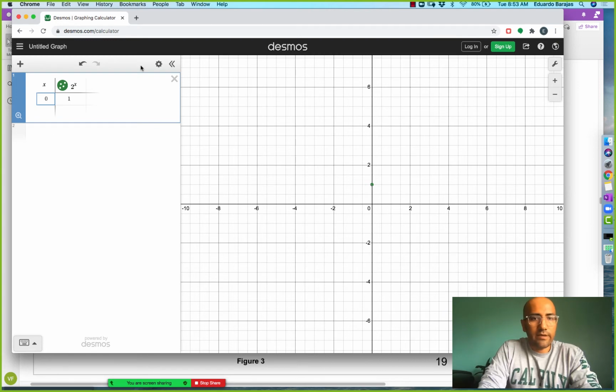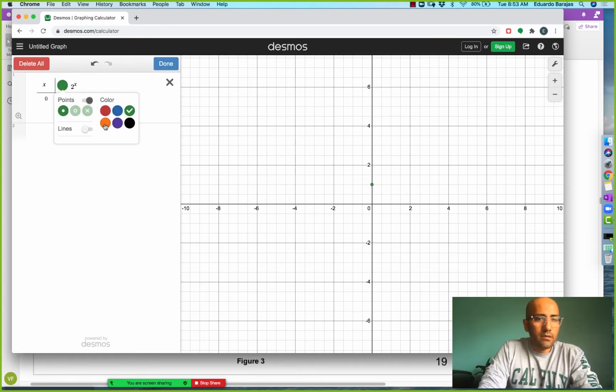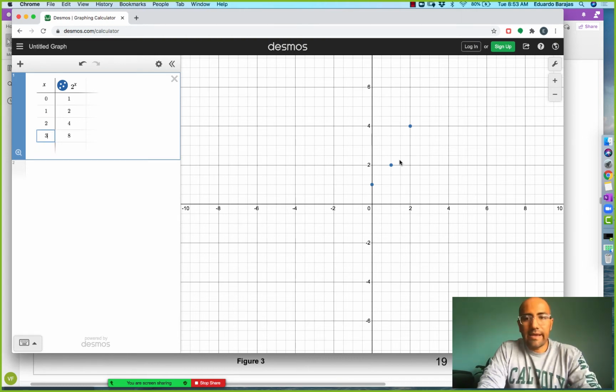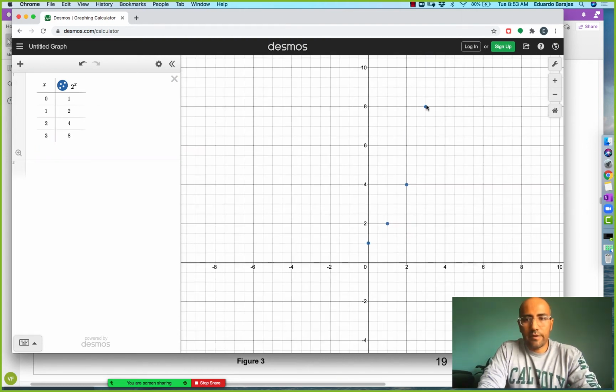There's that dot right there. Let's put it in blue. Okay, so there's 0, 1, and then 2, 4, and then 3, 8, which is already off grid. But there we go.